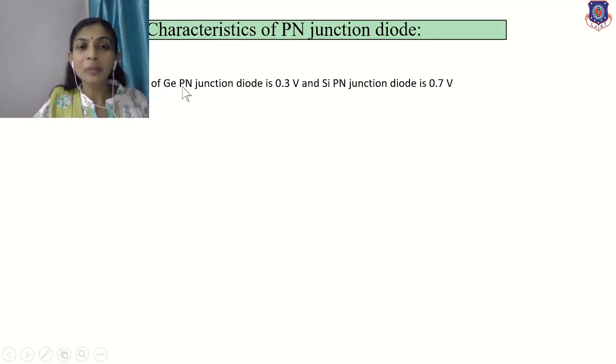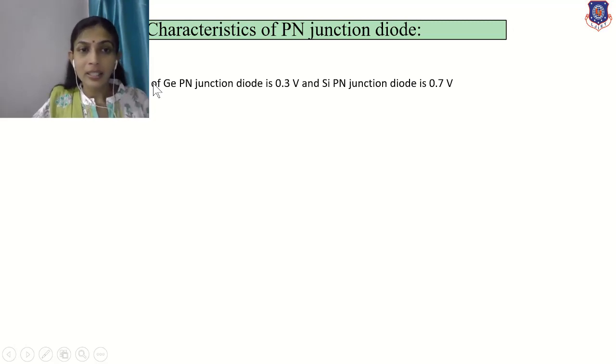One is germanium and another is silicon. Knee voltage is the standard definition for germanium and silicon. For a germanium PN junction diode, the knee voltage is 0.3 volt, and for a silicon PN junction diode, the knee voltage is 0.7 volt. That means the PN junction diode conducts from the knee voltage.